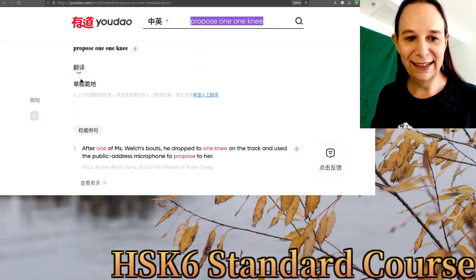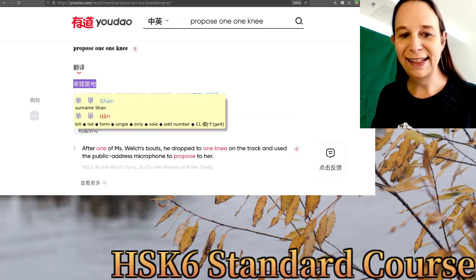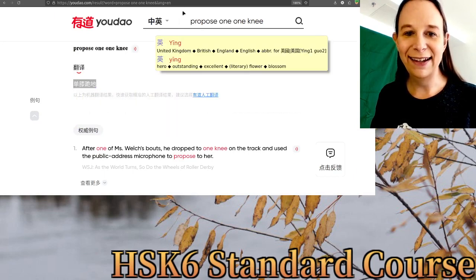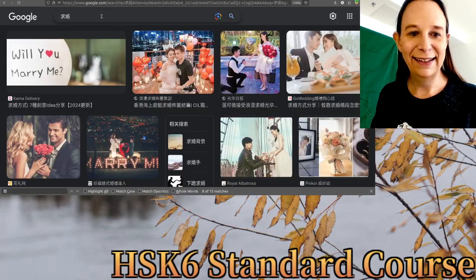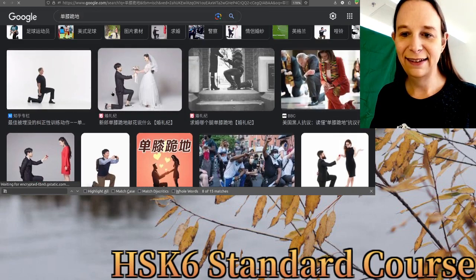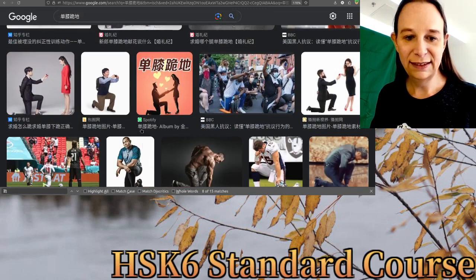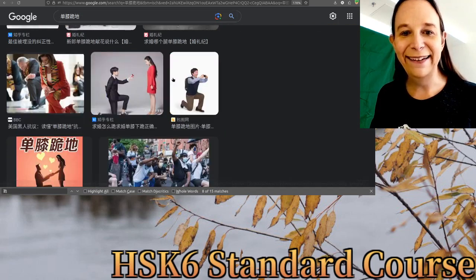Is that right? Like single knee, kneel on the ground. I'm not 100% sure. 单膝跪地. Oh, okay. So it's usually 求婚 单膝跪地. Okay, there it is.